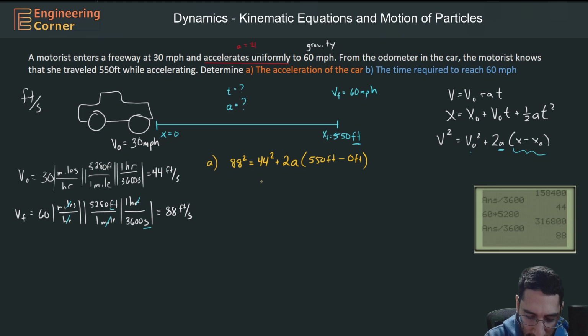Let's simplify a little bit. We're going to get 88 squared minus 44 squared.